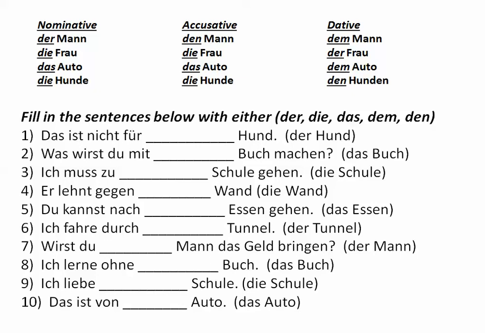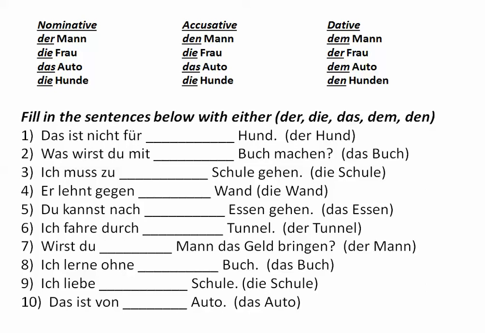So the question here is, in these sentences, which one of these definite articles goes in the blank? I've given you the gender of the German nouns. For example, number 1, Das ist nicht für, and I have Hund, and I've given you that it's masculine, der Hund. So what is going to be the definite article in front of Hund?